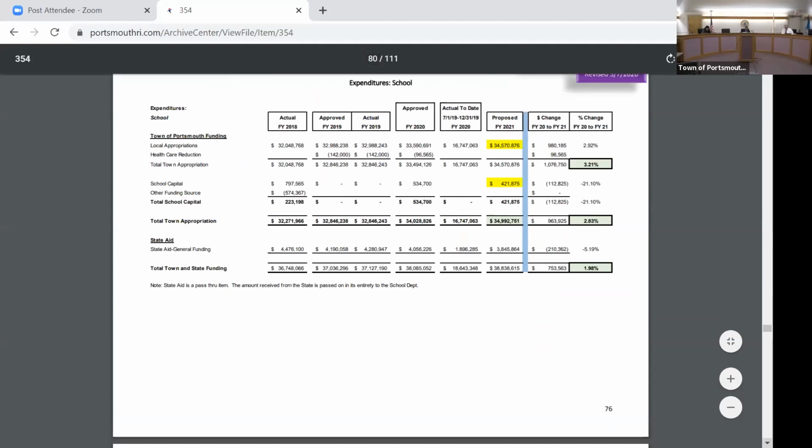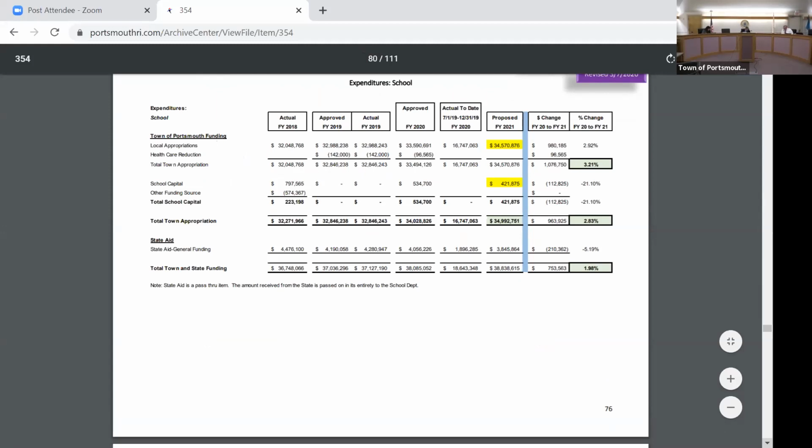Page 76 begins the school budget. On pages 76 and 77, you will see revised recommendations for our local appropriation to the school and our appropriation for school capital. I have worked this through with the school superintendent and the finance director at the school department.